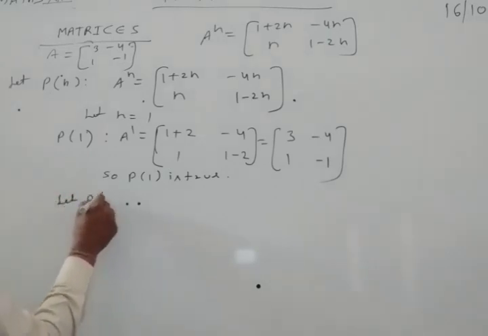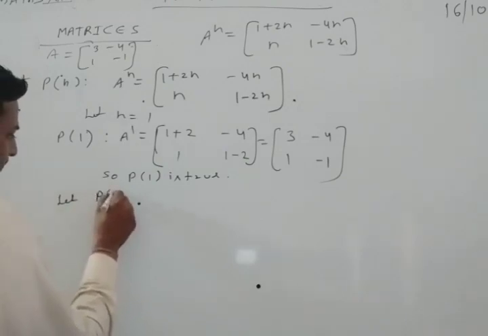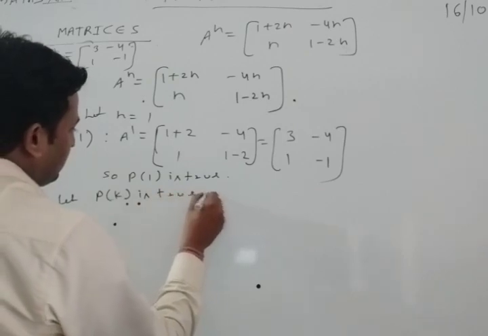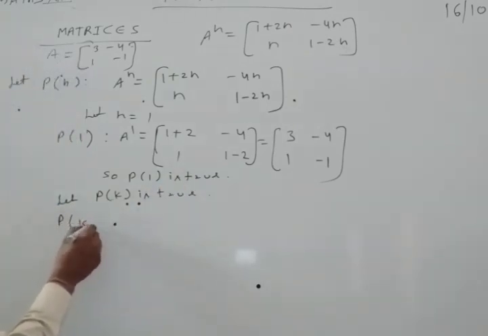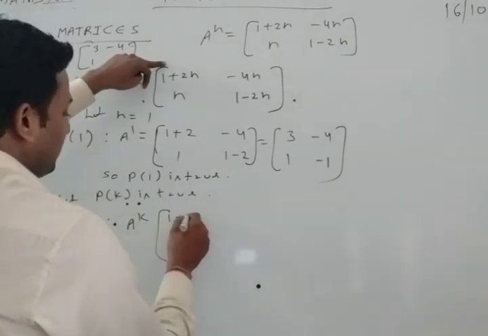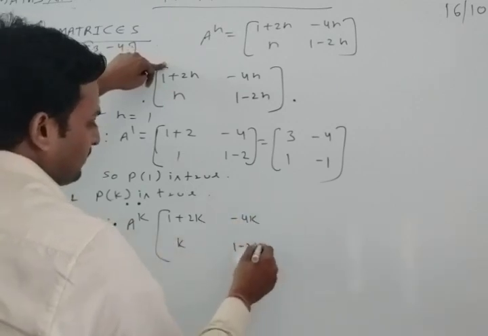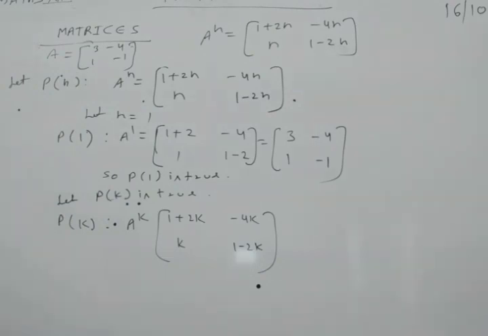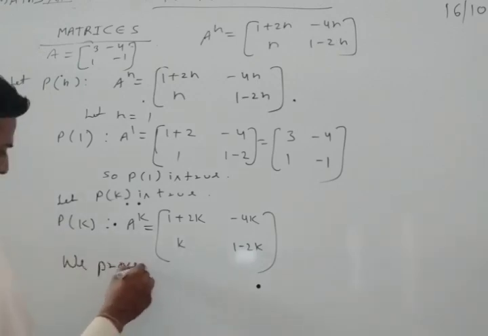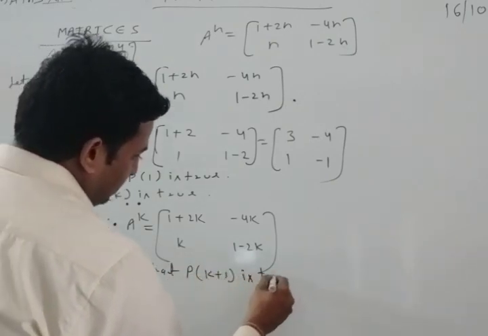Now we let P k be true. Let P k be true, so A to the power k is 1 plus 2k, minus 4k, k, 1 minus 2k. Okay. Now we will prove that P k plus 1 is true.